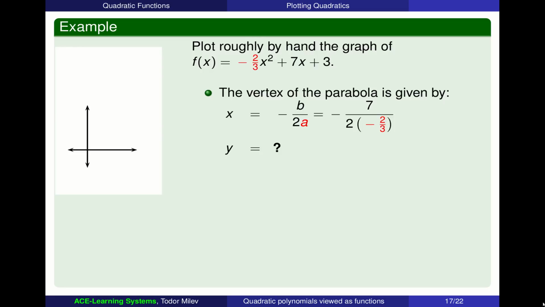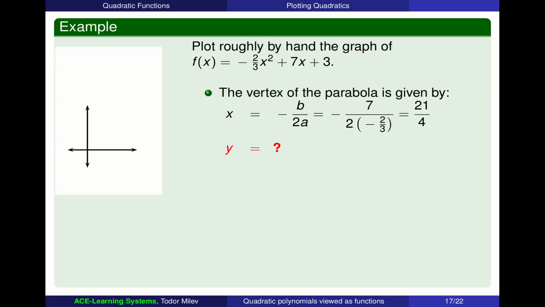Now we can simplify a little bit. The two minuses become a plus, the 2 times 2 is 4, and the 3, when transferred upstairs, becomes 7 times 3, which is 21. Okay, so the x coordinate of the vertex of the parabola is 21/4.